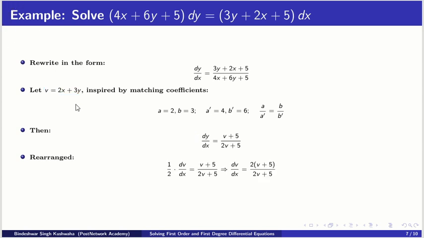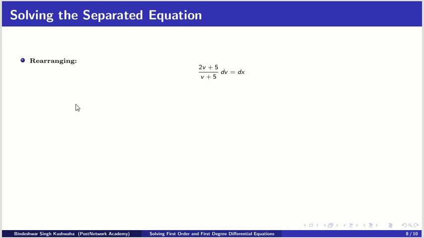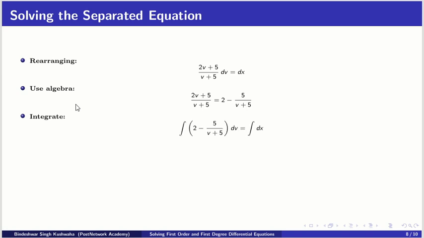Now again rearrange so that the v terms are on the left side and the x terms on the right side. Thereafter you will get this one. Then just integrate both sides.